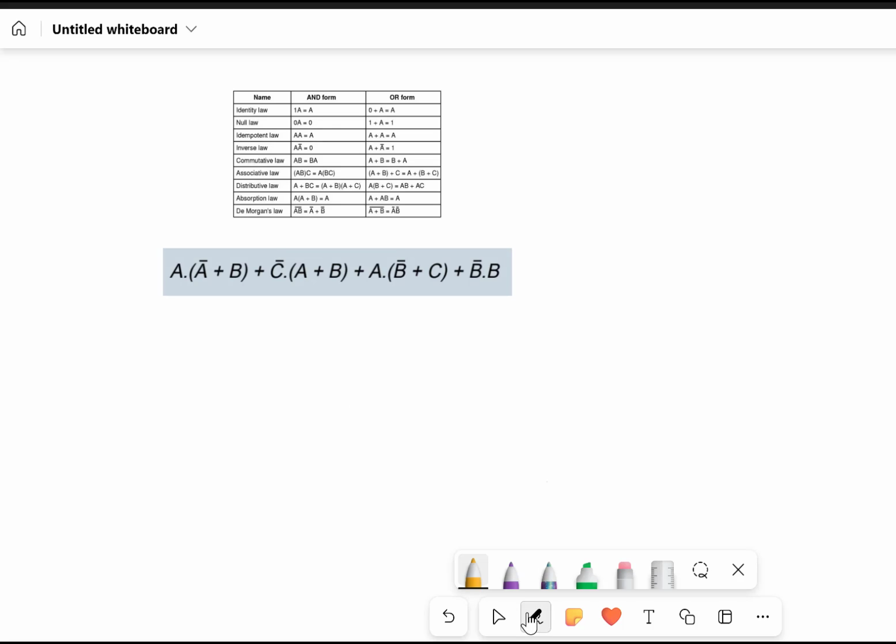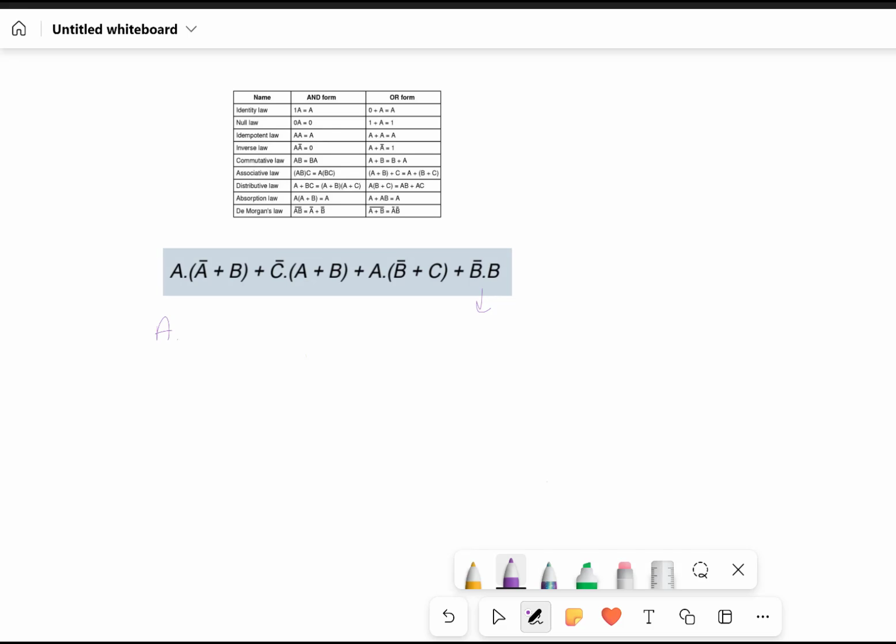Pause the video, give this a go yourself first. Alright, so if we're going to simplify this, let's start off with this to begin with. Not B and B, as we know, will give us basically 0. We can just erase it, not there anymore.